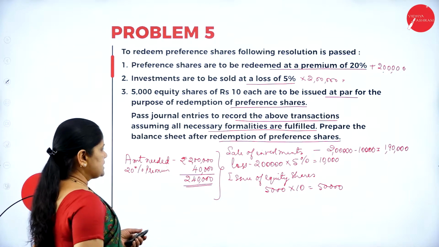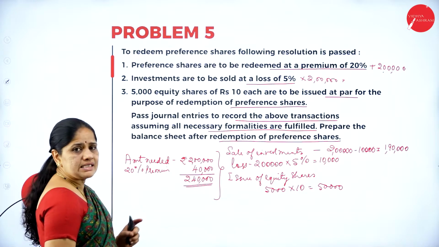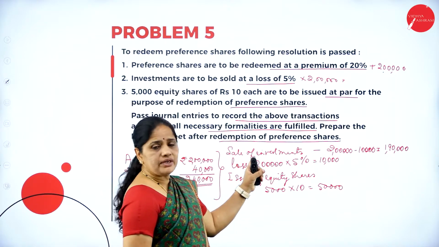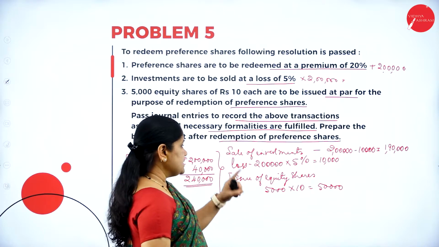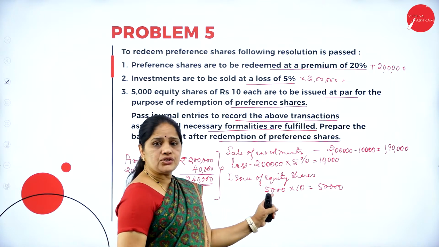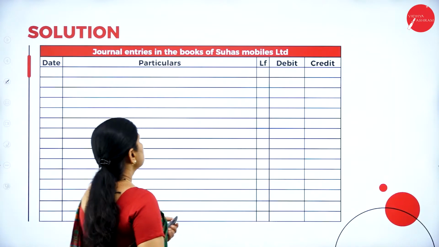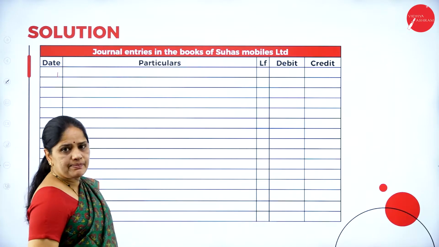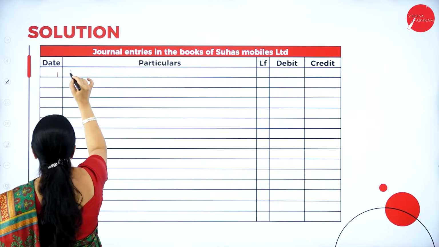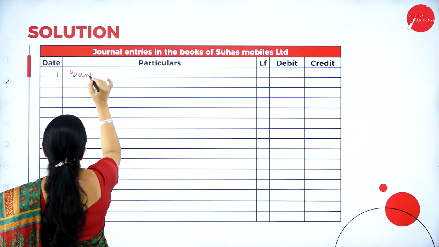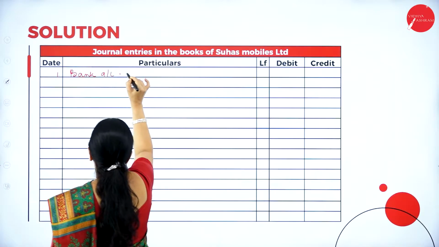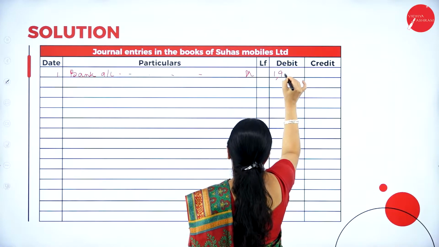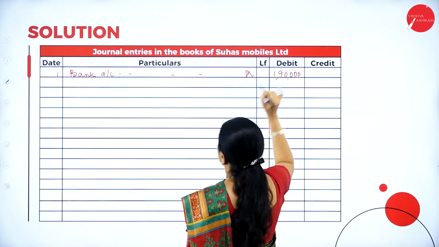So the first thing is we have to pass the journal entry. So what will be the journal entry? First one will be for the sale of investments. Second one will be for the issue of equity shares. So I write first one, for the sale of investments, bank account debtor 1,90,000.